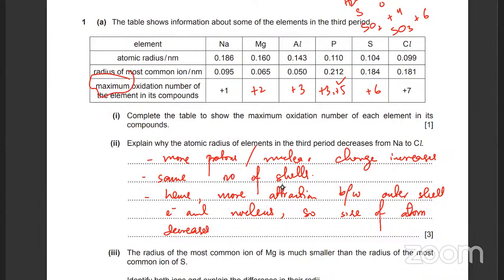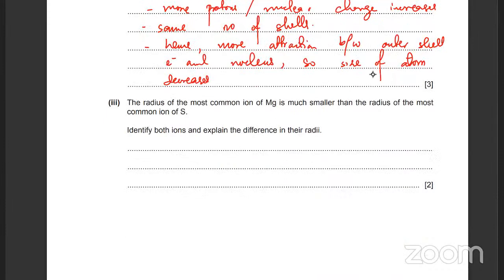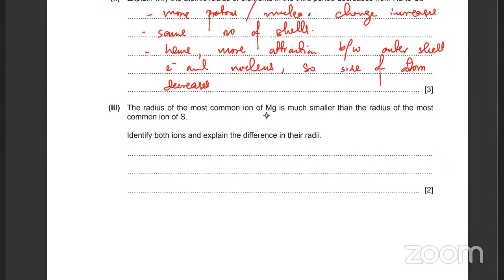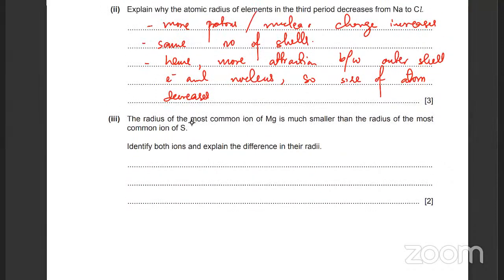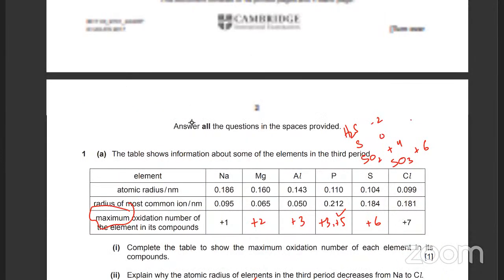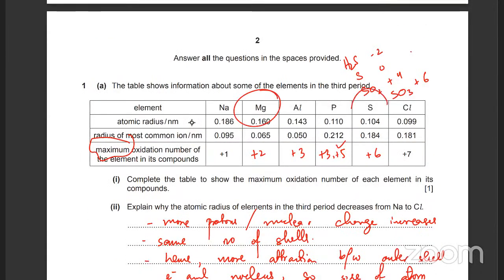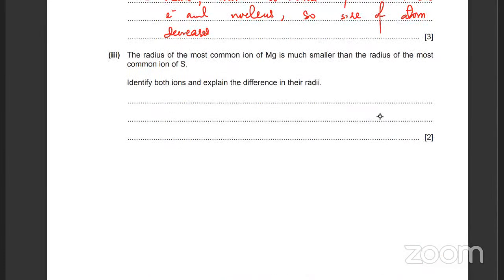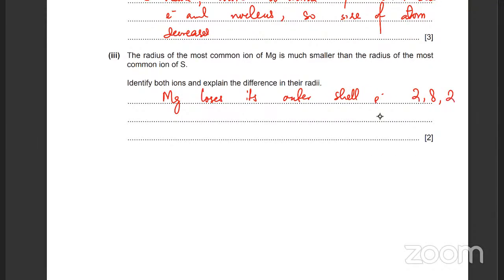Now, what's the next one? You've got the radius of the more common ion of Mg is much smaller than the radius of the most common ion of sulfur. So why is Mg smaller and sulfur bigger in size? Mg loses its outer shell electrons. So it's obviously going to be smaller. It had 12 electrons, but now the outer electrons are gone.